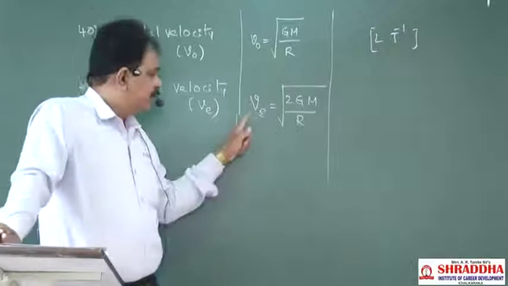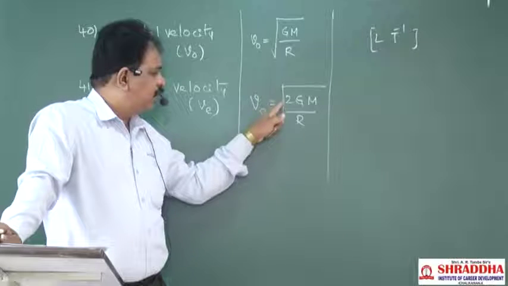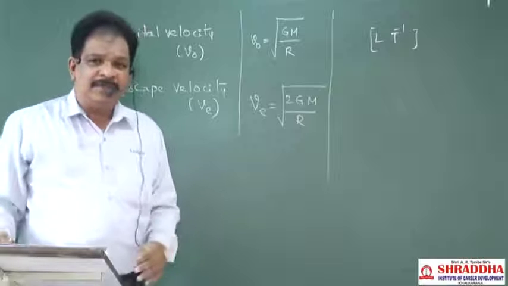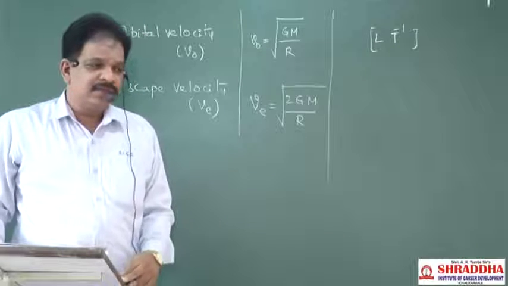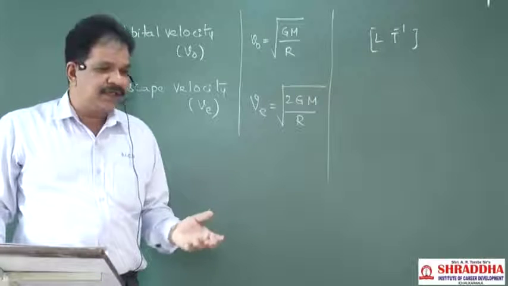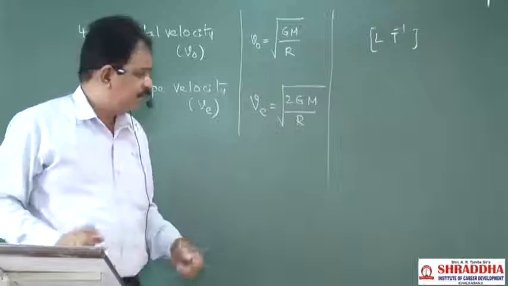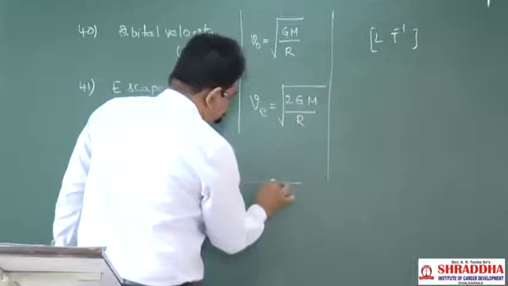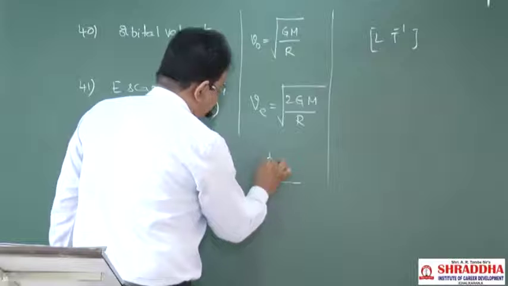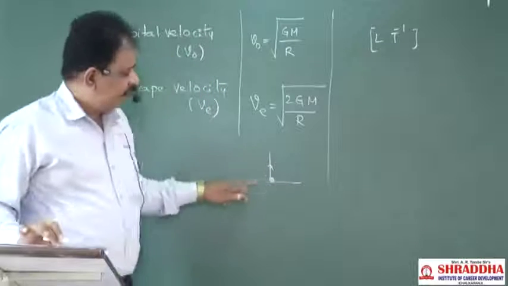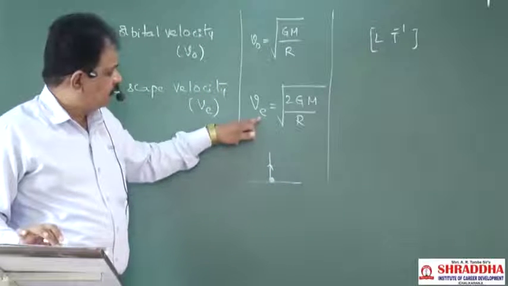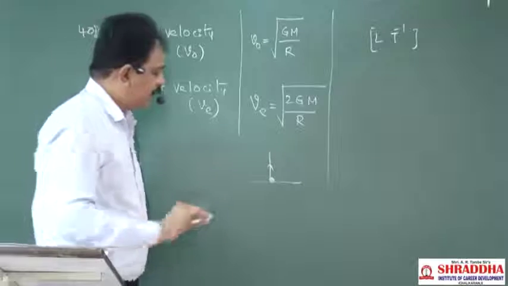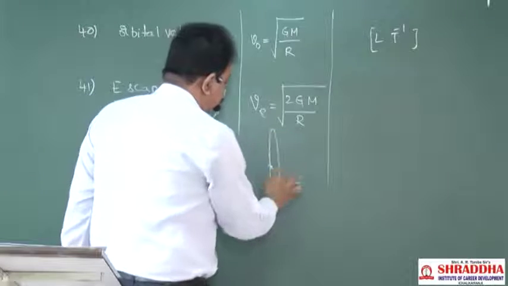Clear? Escape velocity formula: root 2GM by r. What is meant by escape velocity? If we throw any object into the air, for example, this is the ground, it will reach some height and again fall towards the Earth.